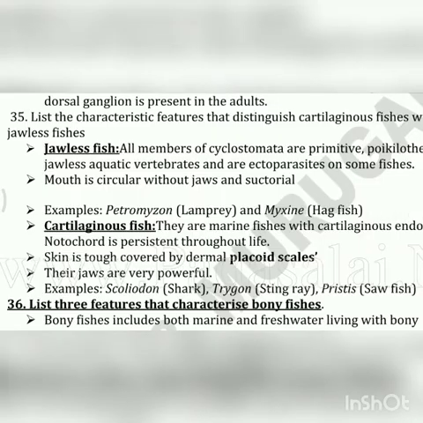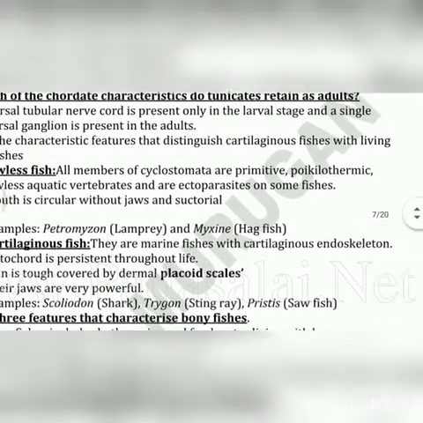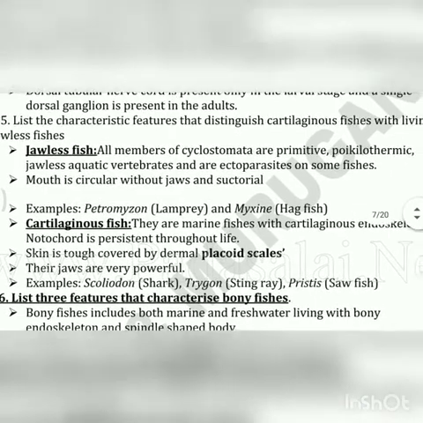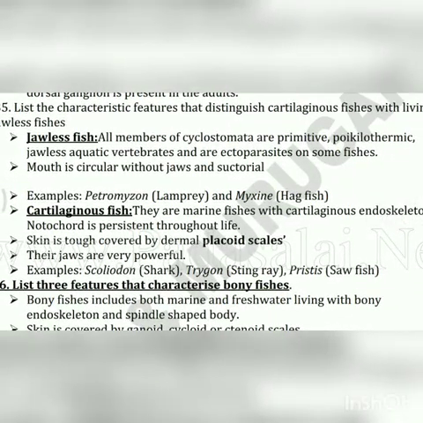Question number 35. List the characteristic features that distinguish cartilaginous fishes from living jawless fishes. Jawless fishes means they belong to cyclostomes. So all members of cyclostomes are primitive, they are poikilothermic, and they are jawless aquatic vertebrates and are ectoparasites on some fishes.